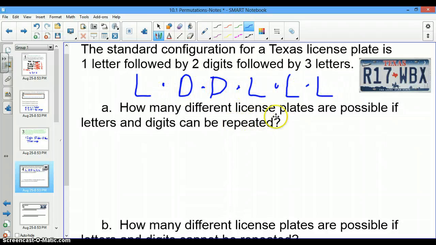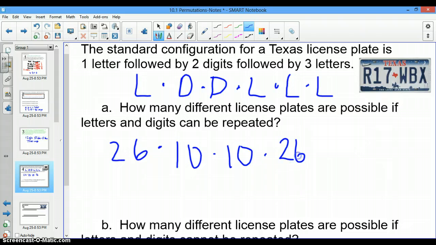How many different license plates are possible if letters and digits can be repeated? So think, how many letters do we have in the alphabet? Well, 26. Now, how many digits? How many numbers from 0 through 9? 10. Now, these numbers can be repeated, so I could have 10 numbers for the second digit, and then 26 letters for each one of the letters after the digits.